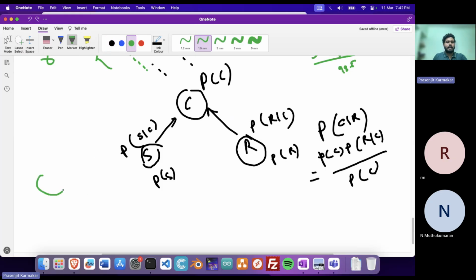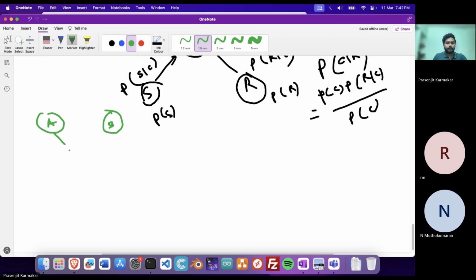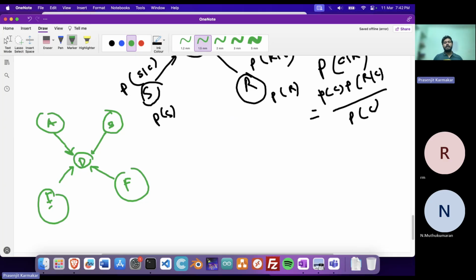Let's say there is a graph like this: A, B, and then let's say there is a D or something.